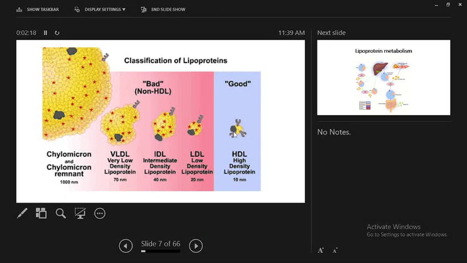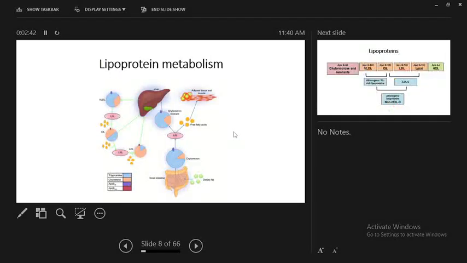If the size of the lipoprotein is less than 70 nanometers, it can penetrate the endothelium and cause inflammation and atherosclerosis. So other than the chylomicrons, all the others, other than the HDL, can cause atherogenesis. That's why they are called bad lipoproteins, whereas HDL is the good lipoprotein.